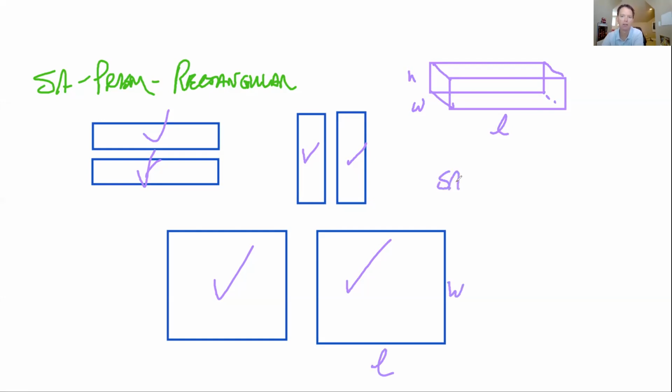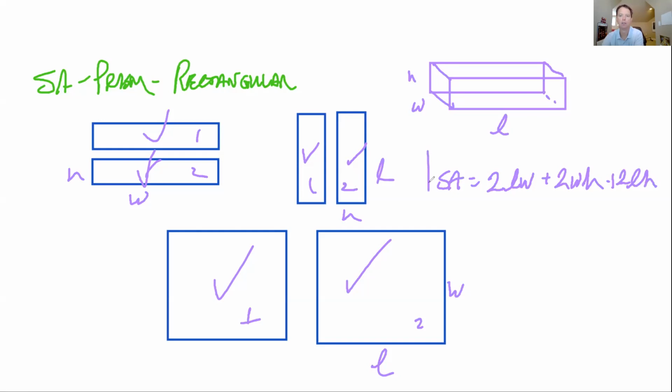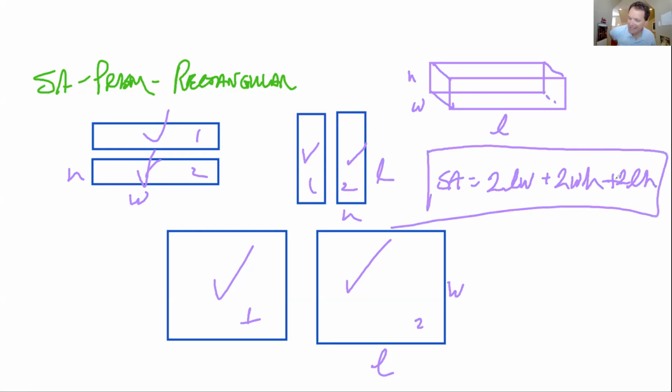So surface area is going to be 2LW, 1, 2. And then we've got maybe width here and height here, so it's going to be 2WH, 1, 2. And then we've got length and height, plus 2LH, 1, 2. This, guys, is not a very exciting formula, but I think it's almost easier just to take it apart.